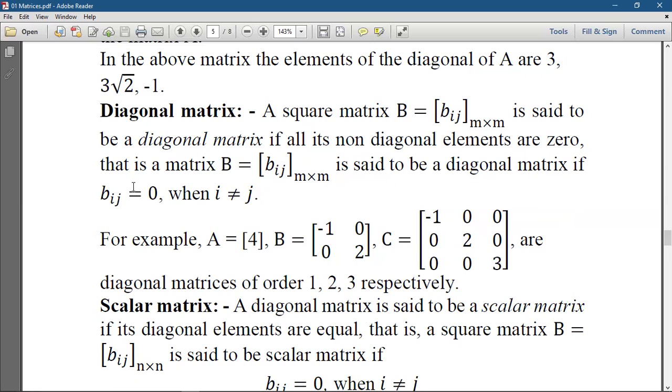Mathematically, we can say that a matrix B = [Bij] of order m by n is said to be a diagonal matrix if Bij = 0 when i is not equal to j.